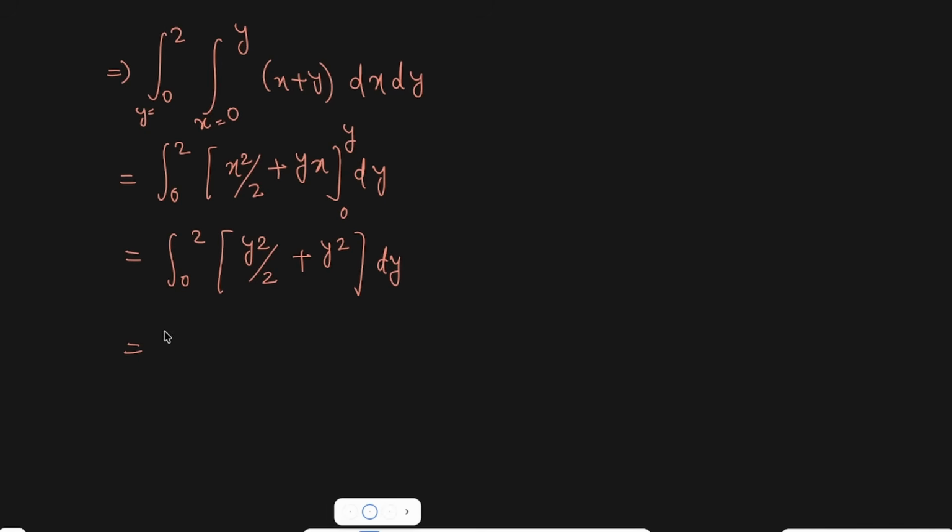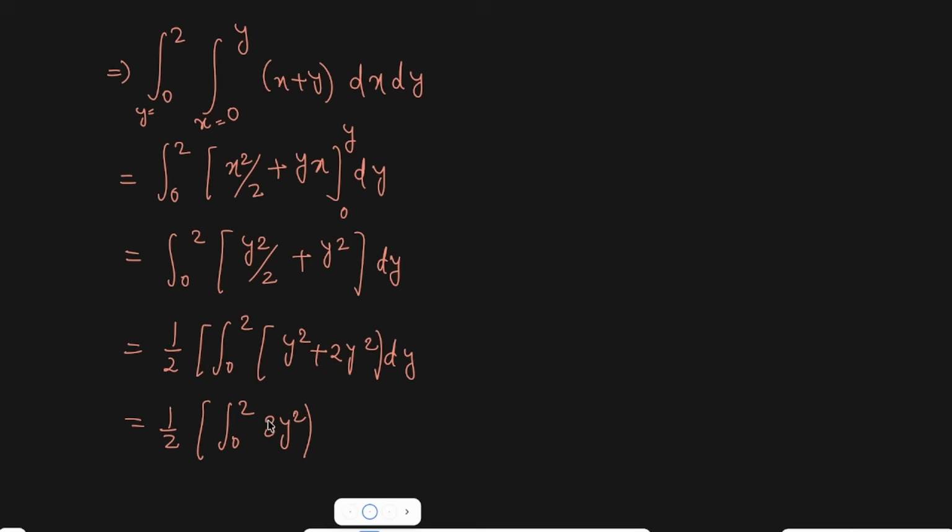Now integrate with respect to y. I can take 1 by 2 outside. This is 0 to 2, and this will be y square plus 2y square, dy, and it will be 1 by 2, 0 to 2, 3y square dy. And now solve this integral.